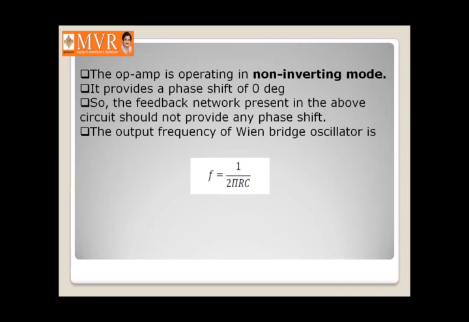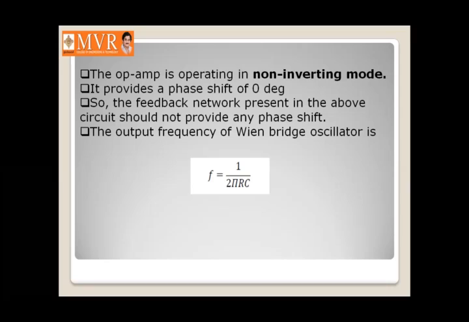So what is the frequency of the generated sinusoidal signal? The frequency generated by this Wien bridge oscillator depends upon R and C. The frequency is given by 1 by 2 pi RC.